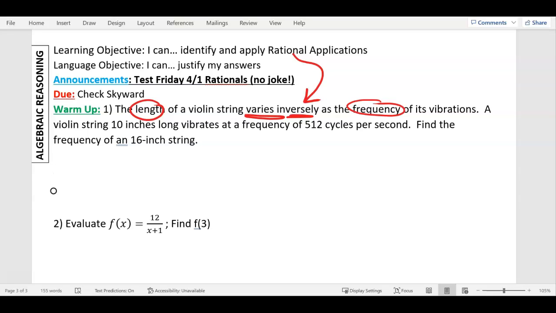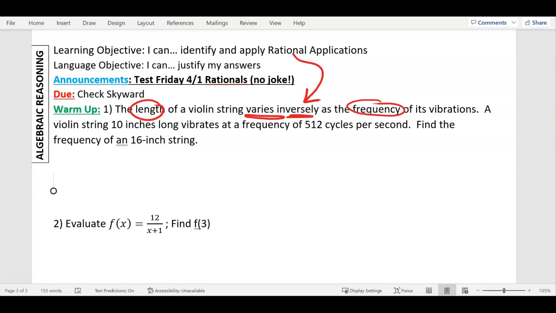So there's two. There are two things that we're measuring here, length and frequency. It goes on to say a violin string 10 inches long vibrates at a frequency of 512 cycles per second.